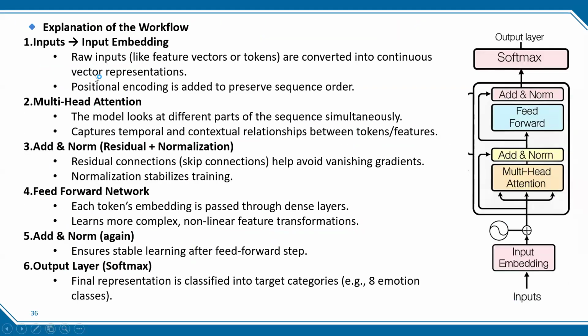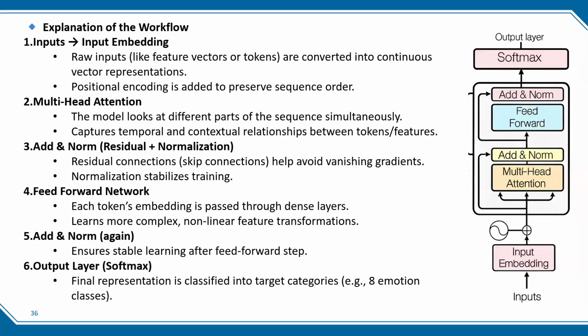First, the raw inputs are converted into continuous vectors. Then positional encoding is performed. Then multi-head attention, which means the model looks at different parts of the sequence simultaneously and captures temporal and contextual relationships between various features.